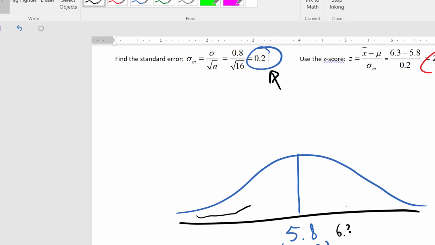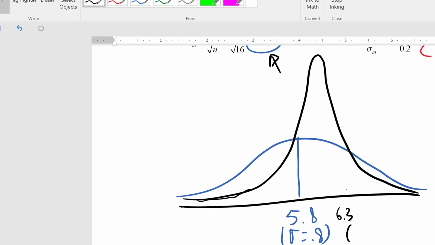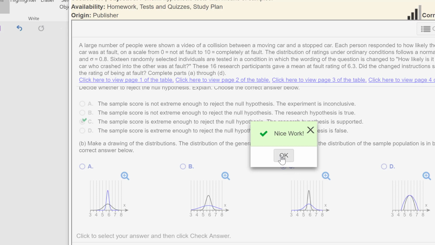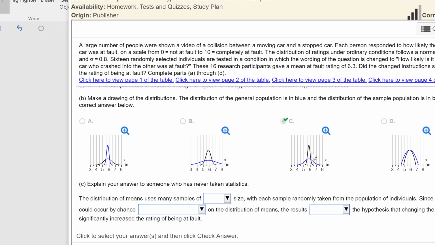So shift it over just a little bit, and because our standard deviation was much smaller at 0.2, a fourth the size, more of the data is tightly clustered around the mean, so it's going to come up to a peak. Okay, so now we have to go over and pick the right one. It is C, the only one that worked there.